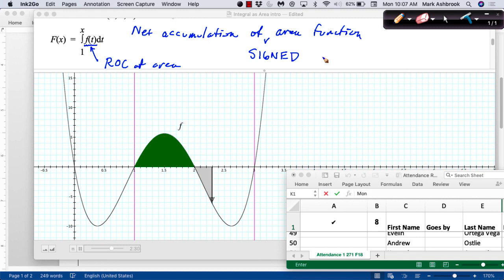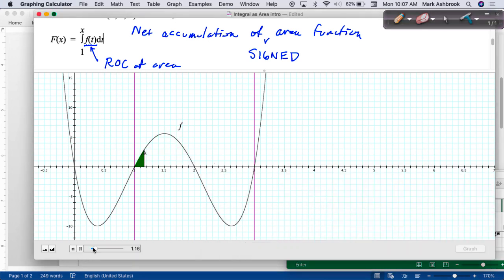So somewhere here, what happens? Somewhere right about, if I can get there, no, not fast enough. Somewhere along the way here, what's going to happen? That value of that capital F function, the signed area, is going to be maybe, I don't know, maybe here?